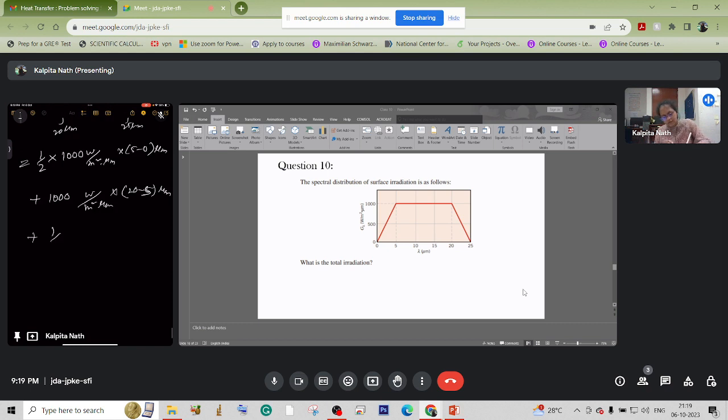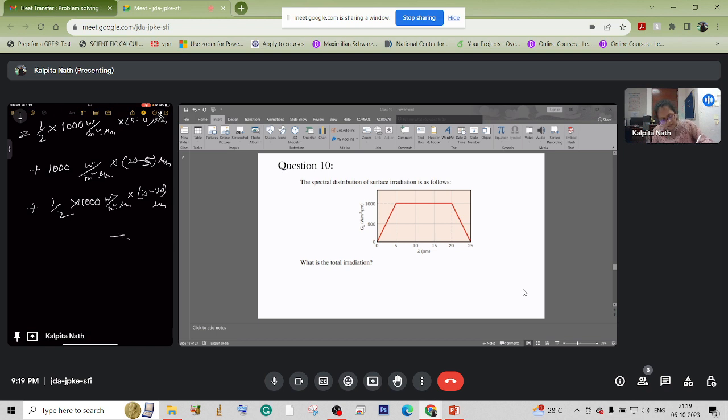Now the next one is also the same, half into 1000 watt per meter square micrometer into 25 minus 20 micrometer, plus 0.